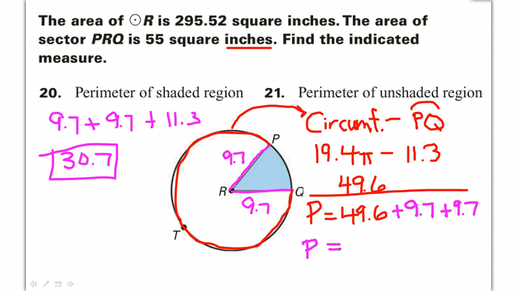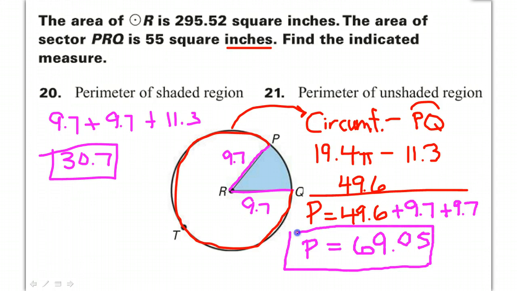All right, tell me what that turns out to be. 69.05? Okay. All right, but you could round to 69. Okay, and that's the perimeter of the unshaded region. All right, so that is how you do that part. All right, I'm going to end this video here, and we'll do the rest on a second video.